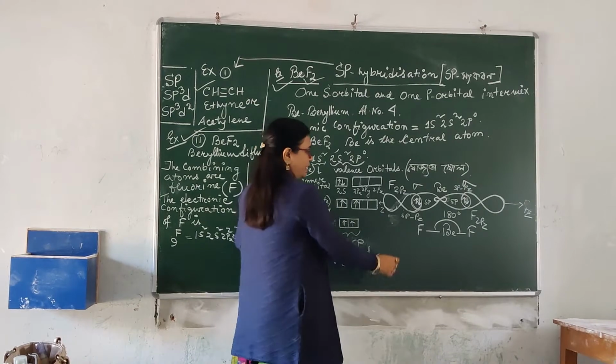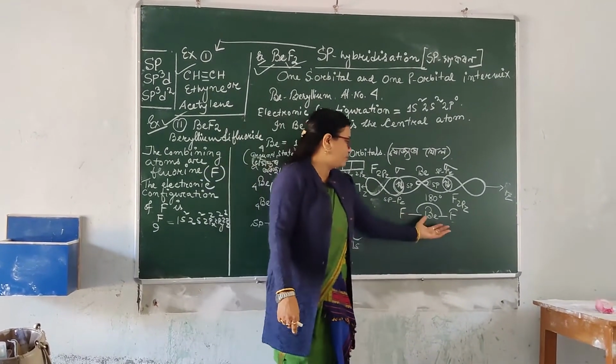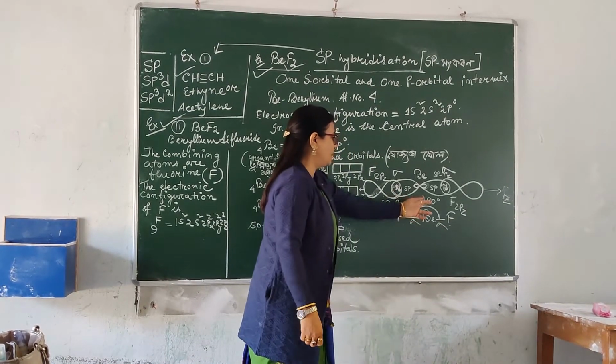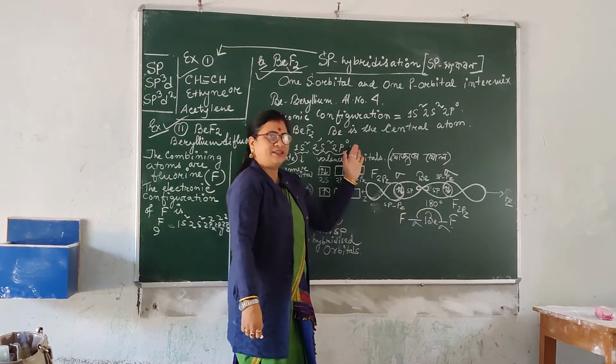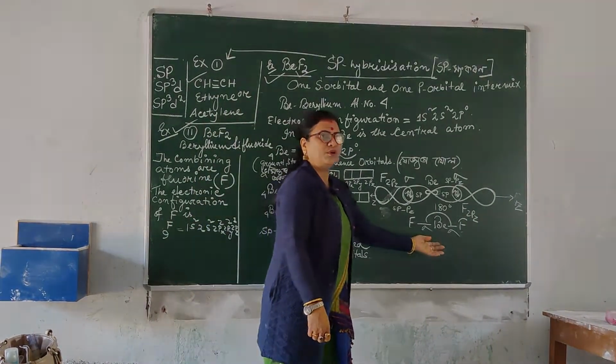As a result, we get the BeF2 molecule where there are two sigma bonds, and the bond angle is 180 degrees. Like this, by sp hybridization, we get the BeF2 molecule.